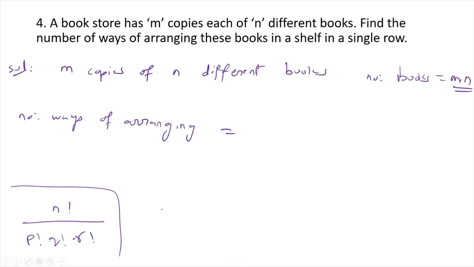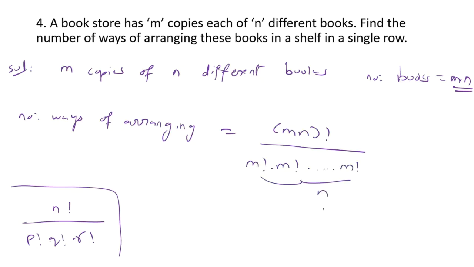Here instead of n we have m times n. So number of ways of arranging is equal to m times n factorial upon m factorial times so on up to m factorial. So we'll have n times. So on the whole we can just write it as (mn)! upon (m!)^n.